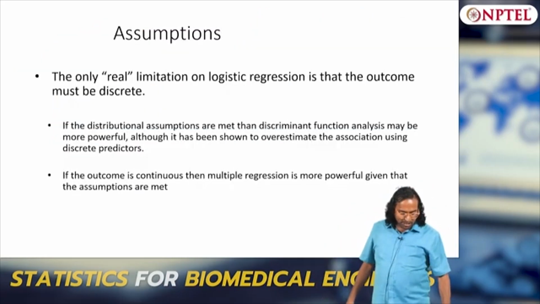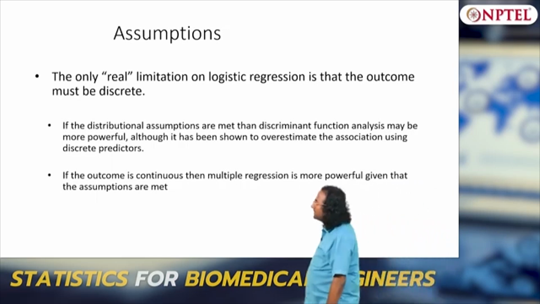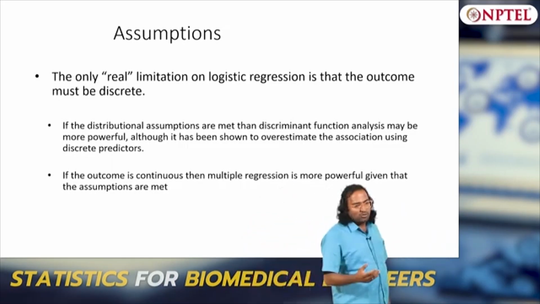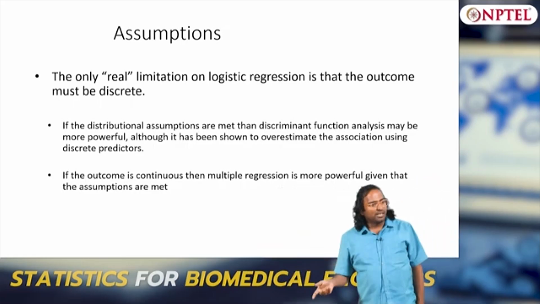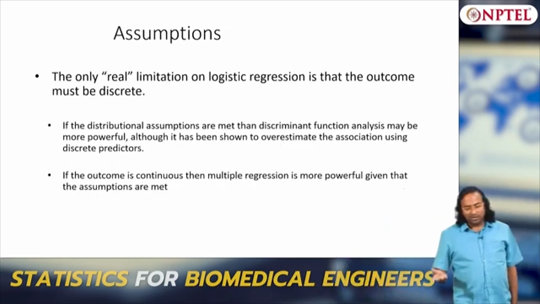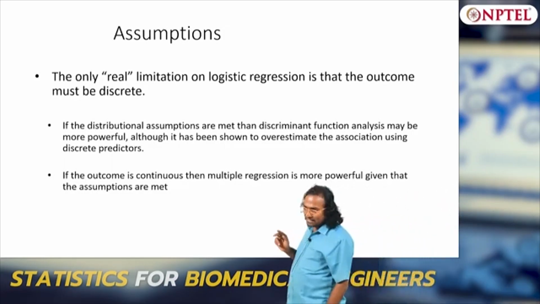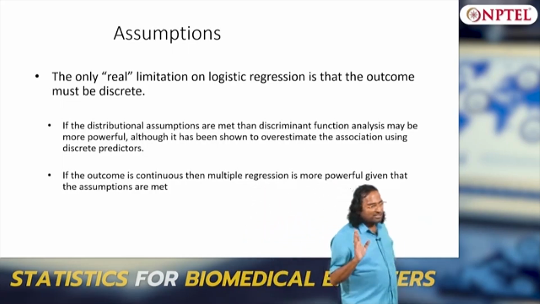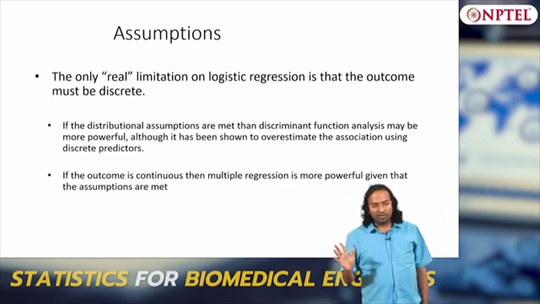So the only real assumption is that the outcome must be discrete. There is no linearity assumption here, the model is non-linear, and it could take continuous or discrete variables as input. The only constraint is that the output should be discrete, that means it should have only a finite set of outputs.